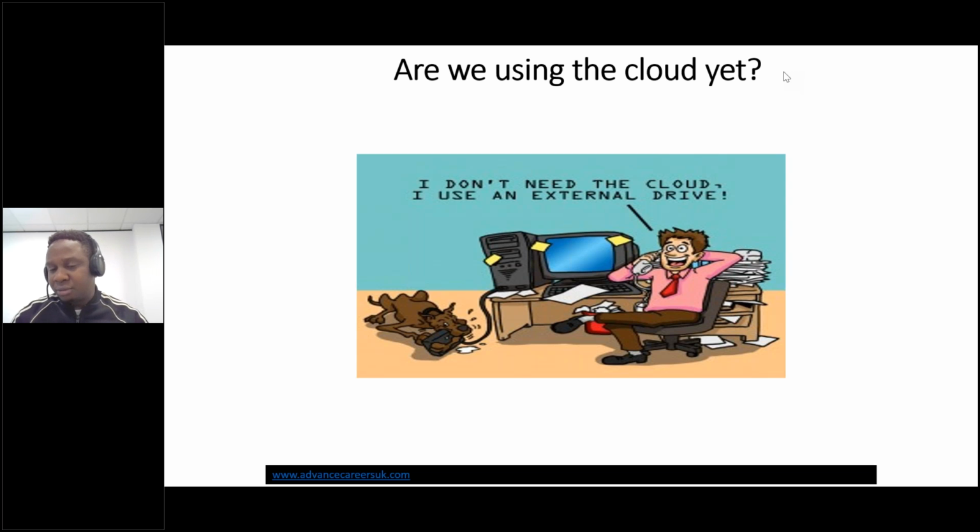I believe a lot of us, some years ago, had a lot of external drives, and our smartphones used to have the SanDisk, the small chips that you slot in and slot out, where it holds the data for all your images and your videos or any files you have on your phone. It is on that drive. That is an external drive. And I still have one external drive at the moment as well, even though I'm talking about cloud computing today.